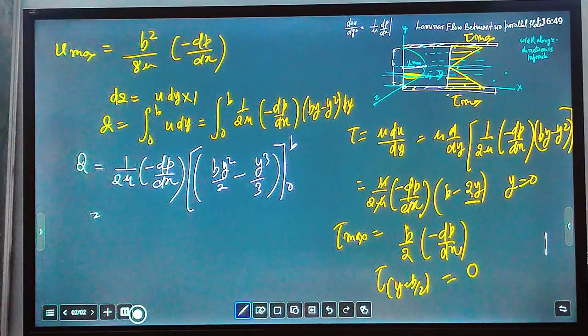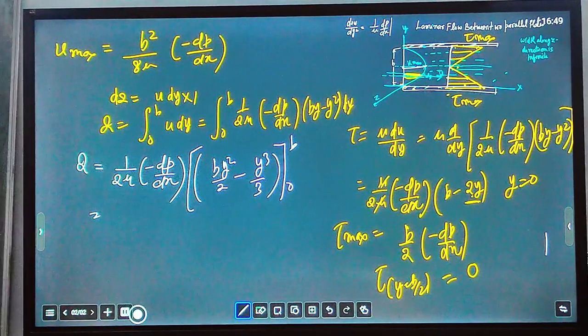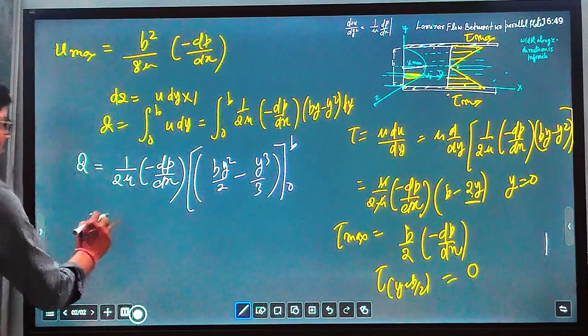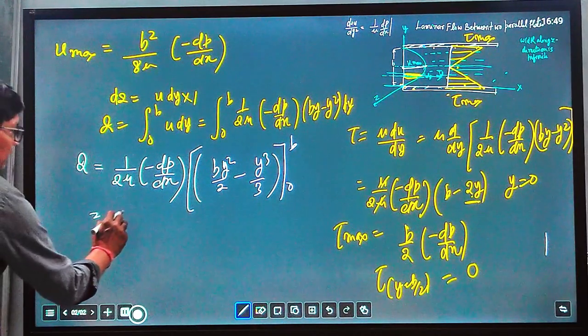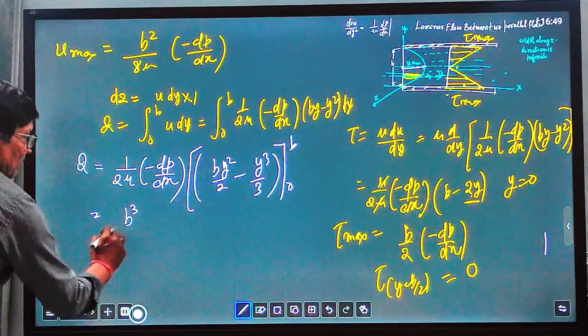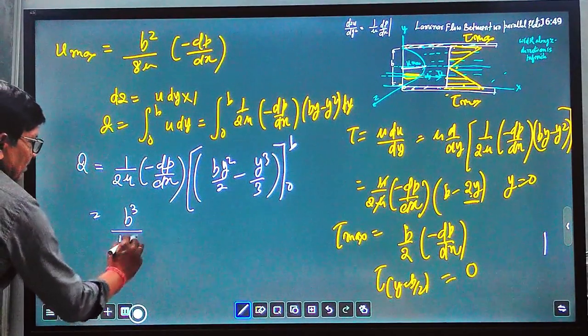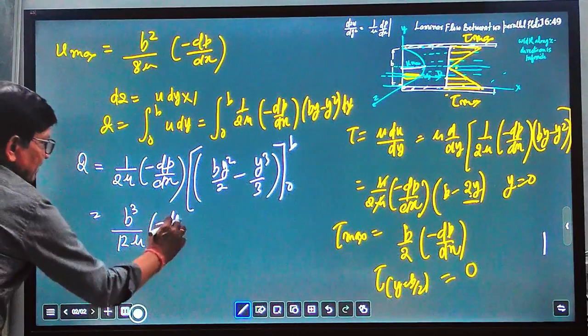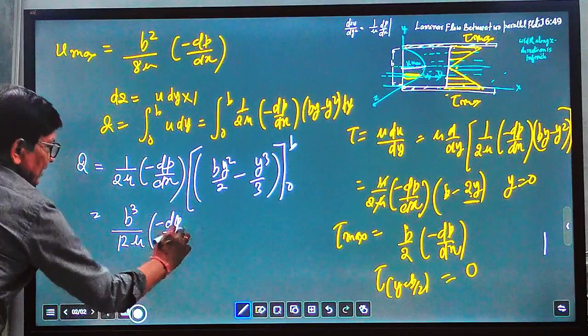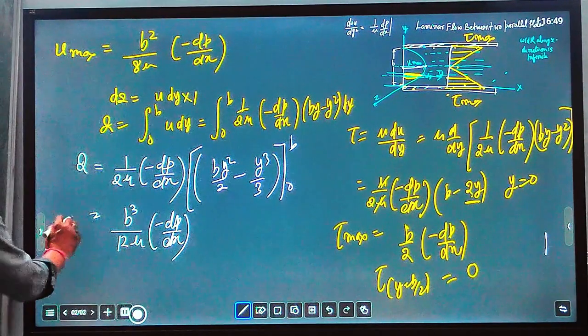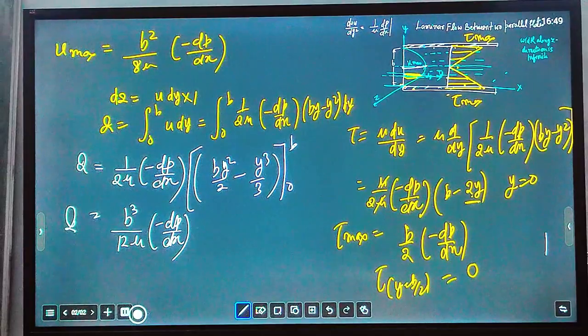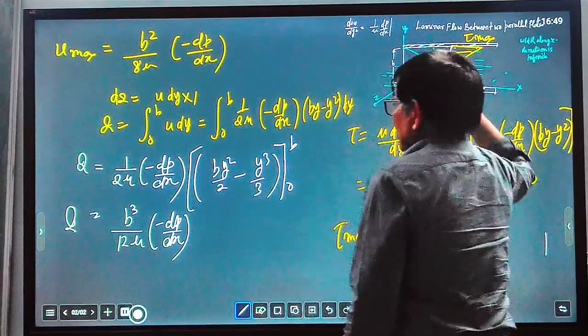Simplifying this equation, taking common 6, we get b cube upon 12 mu times minus dp by dx. This is Q, the total discharge between two parallel plates.